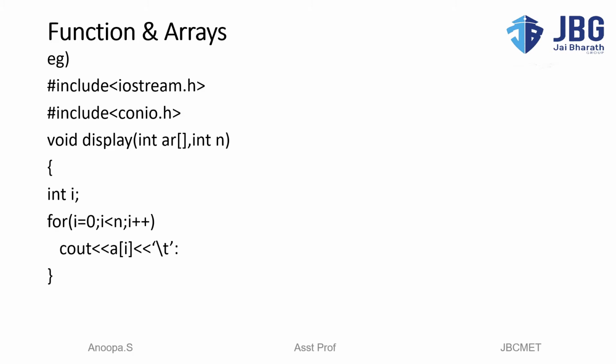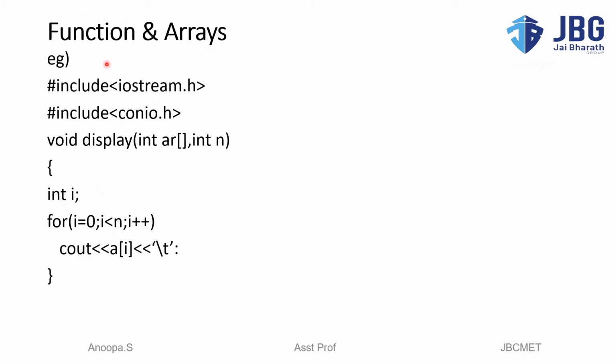So call by value and call by reference are there. We will be using call by reference for passing arrays, and we need not indicate the ampersand in the case of arrays. Why? Because the array itself acts as a pointer, so we don't need the ampersand when passing parameters.